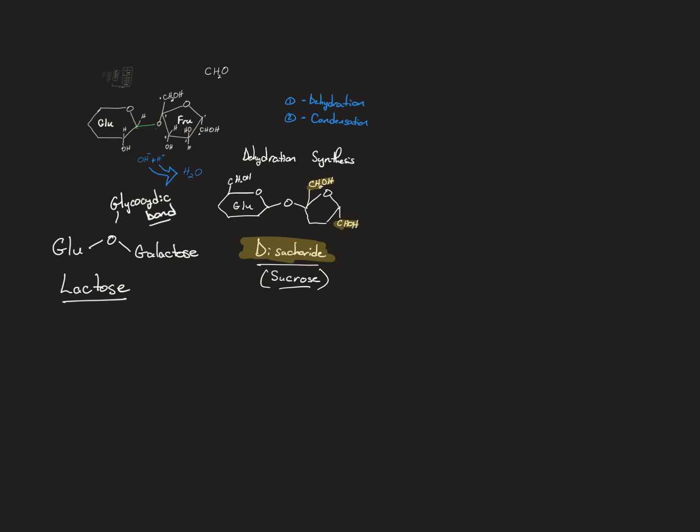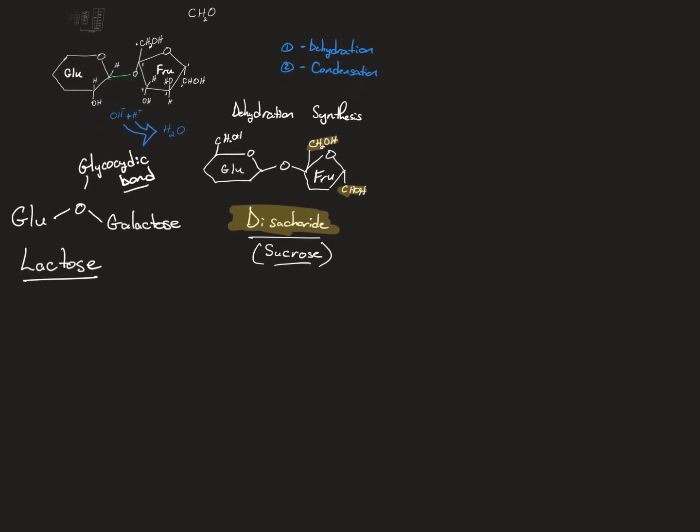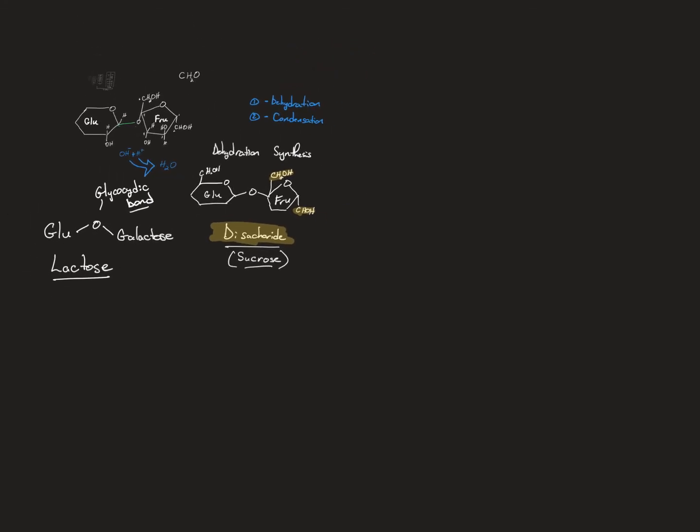And so when we look at sucrose, that is glucose and fructose put together. But lactose is two different units put together. You have glucose and galactose. They form a different disaccharide, but they're both disaccharides.